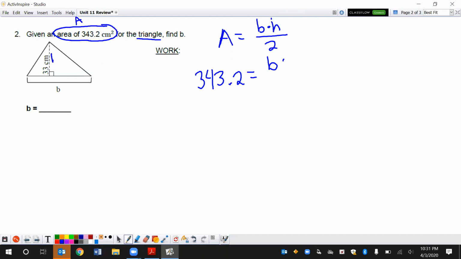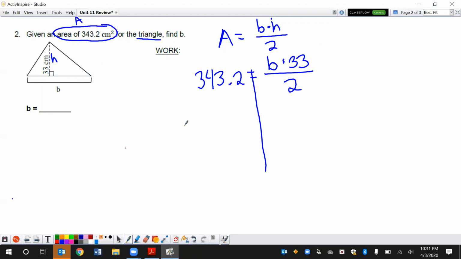This is my H, 33. So times, and then the formula says to divide by 2. The 2 is just part of my formula. I plugged in everything that I knew, and now I can solve this equation for B, the base.